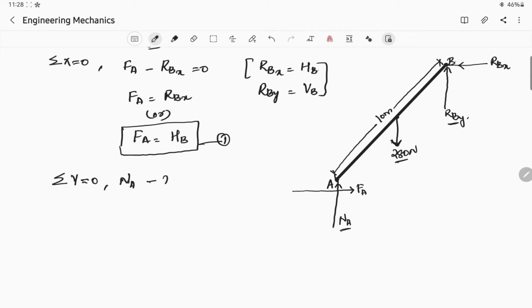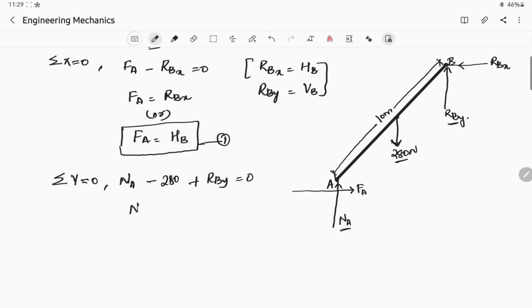Then we have minus 280 Newton, which is going in the downward direction, that is why minus, plus Rby, going in the upward direction, is equal to 0. There is no other vertical force. Instead of Rby, I'll write Vb, right?